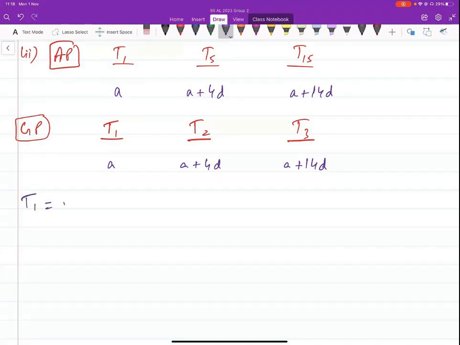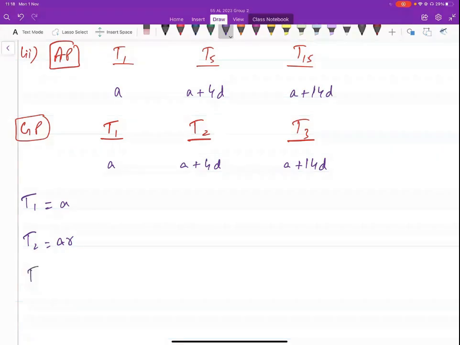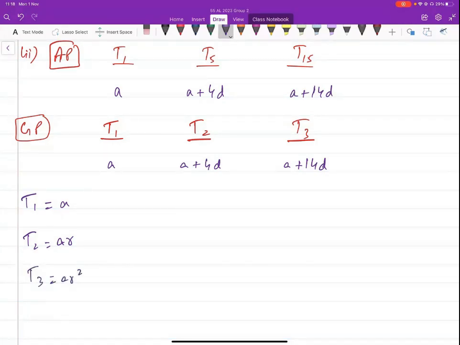T1 is just A, so that's pretty straightforward. Second term is going to be AR, and the third term is going to be AR square. And then we equate it with each of these, and then we eliminate R from that somehow. Yes, this will work. Is there a quicker way of thinking about this?